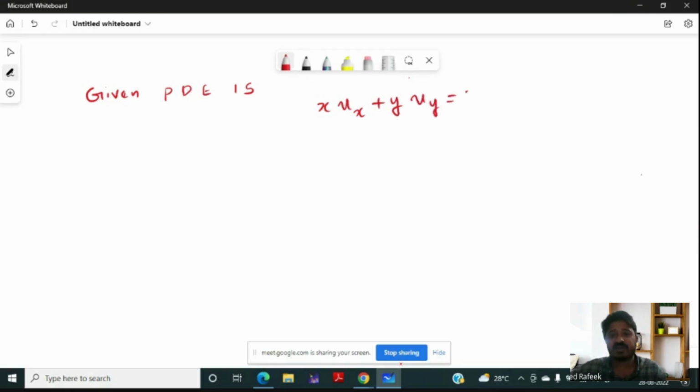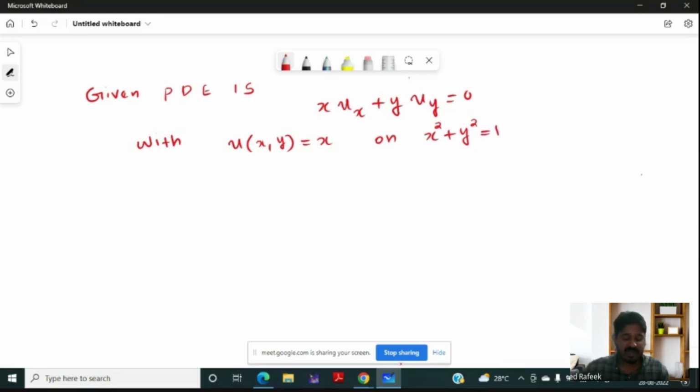That is our given PDE, x ux plus y uy is equal to 0, along with u of x comma y is equal to x, given on x square plus y square is equal to 1.